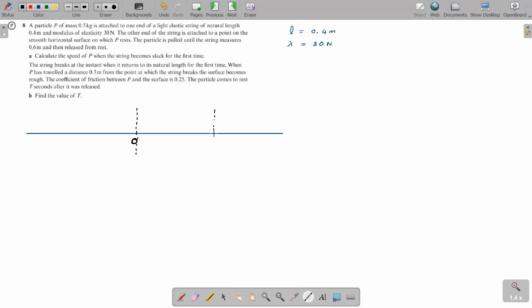Natural length is 0.4. And then amplitude was 0.2, because they are releasing it when the total length of the string is 0.6, which means amplitude is 0.2 meters.